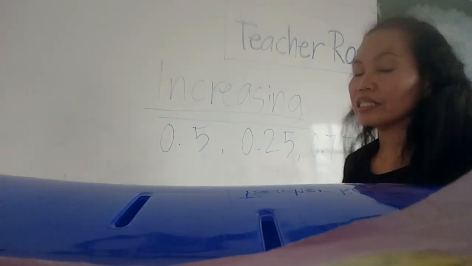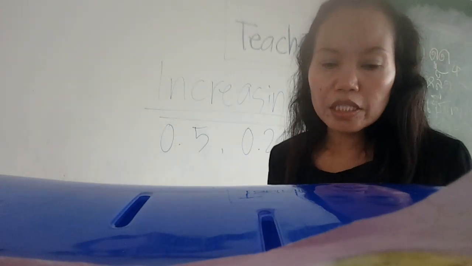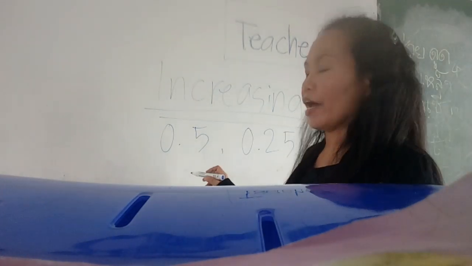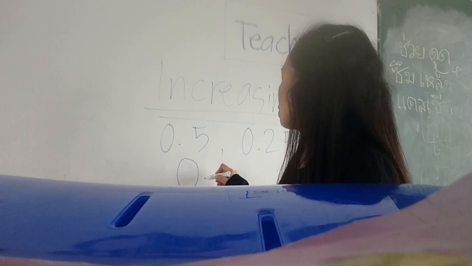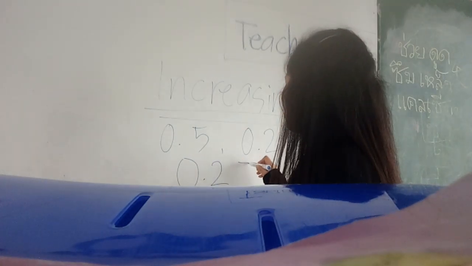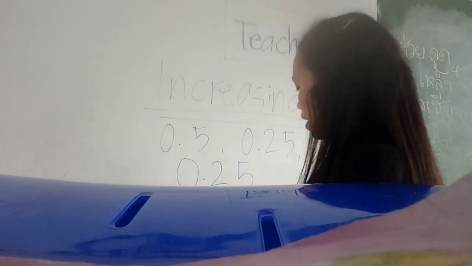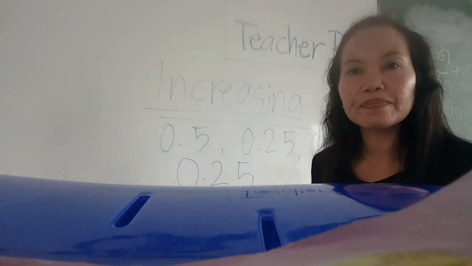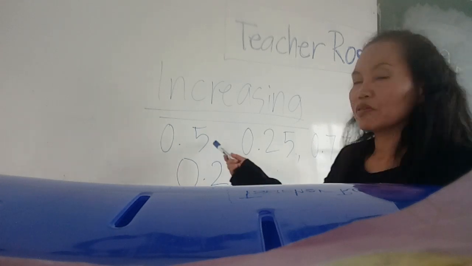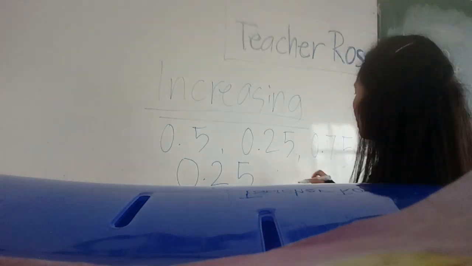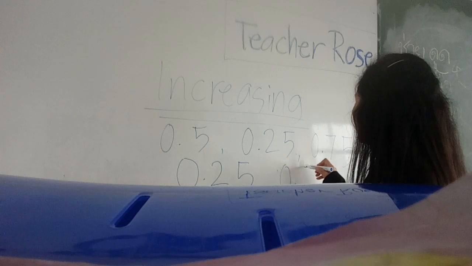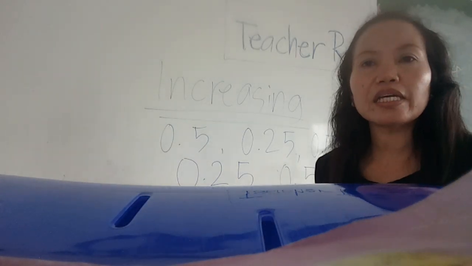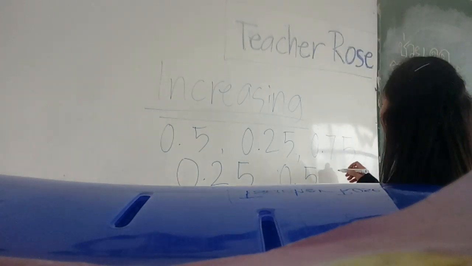Okay, the smallest is 0.25. Very good. So we have to write 0.25 first. And then, what is next to 0.25? 0.5. Very good. And the last one, the bigger one, is 0.75.